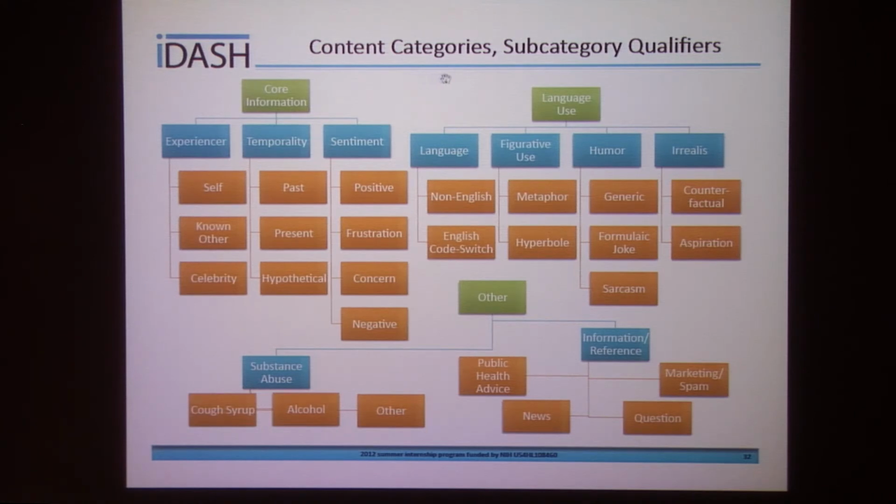We've also got content categories related to language use, so marking things like whether the tweet's in English or not, whether it's using figurative language, humor, or linguistic irrealis. And then we have two other categories here, marking things like substance abuse or transmission of information.